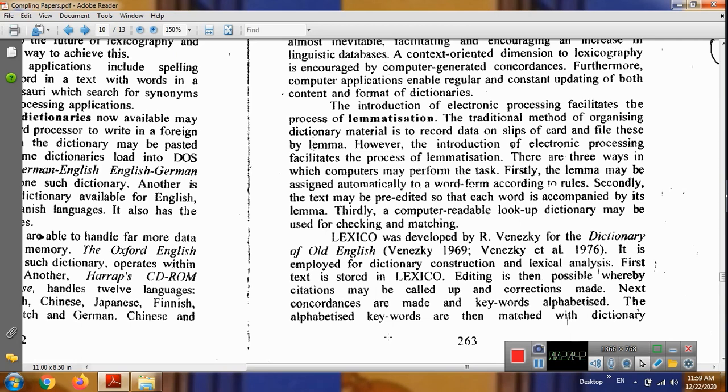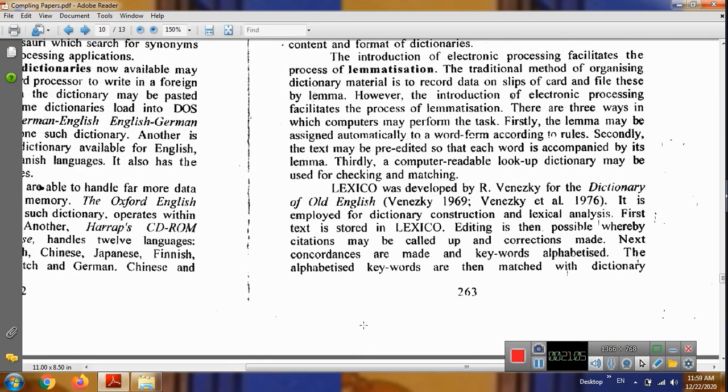There are three ways in which a computer may perform the task. Firstly, the lemma may be assigned automatically to a word form according to roots. Secondly, the text may be pre-edited so that each word is accompanied by its lemma. Thirdly, a computer-readable look-up dictionary may be used for checking and matching.